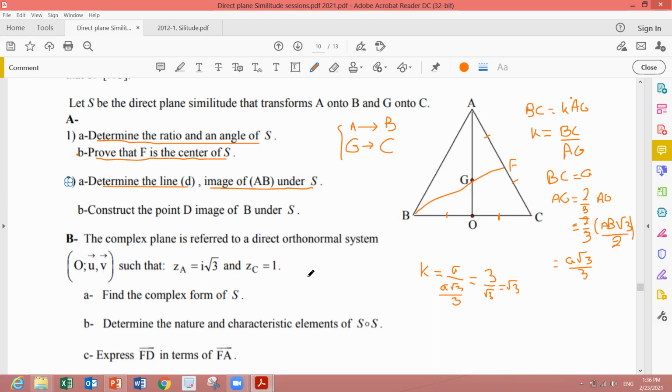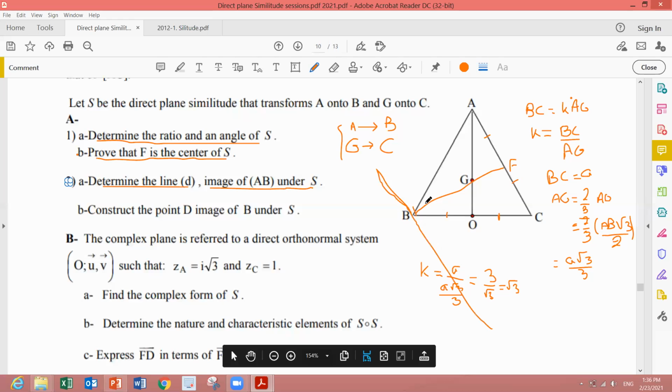So S of AB is a line passing through B and perpendicular to AB. This line D passes through B and is perpendicular to AB.